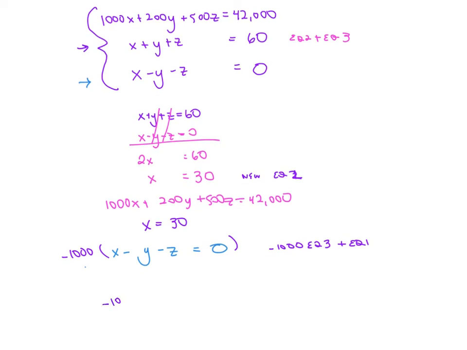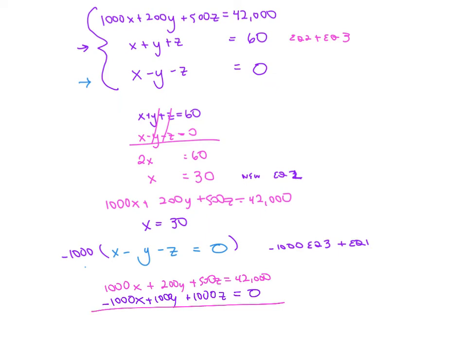So negative 1,000x plus 1,000y plus 1,000z equals 0. Let's add it to the top. So 1,000x plus 200y plus 500z equals 42,000.